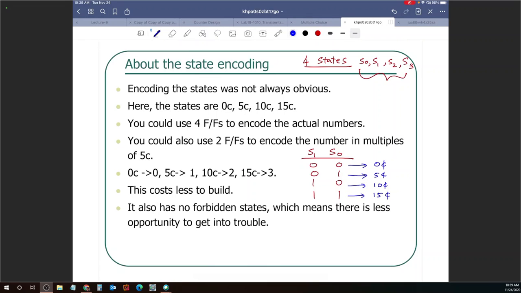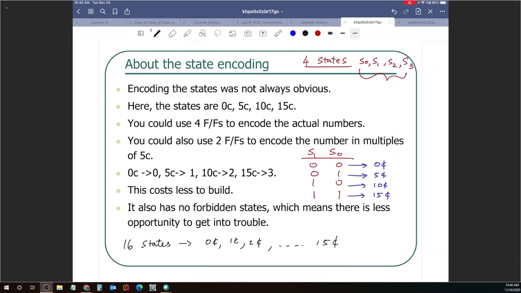However, if we were not paying very close attention to the number of states, somebody could come in and say, I don't have 4 states, I in fact have 16 states. Those could be 0 cents, 1 cent, 2 cents, all the way up to 15 cents.